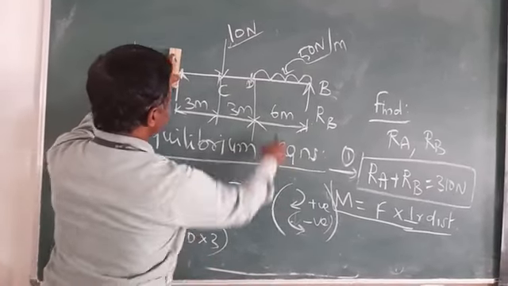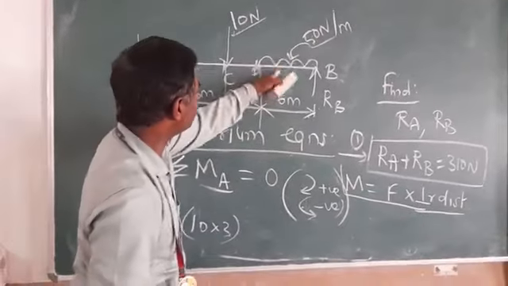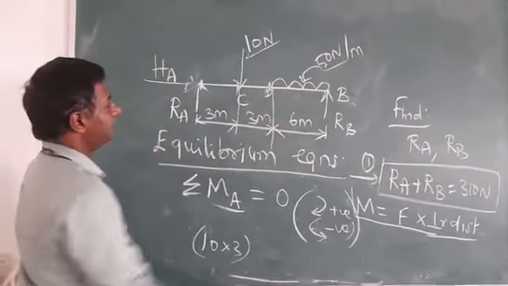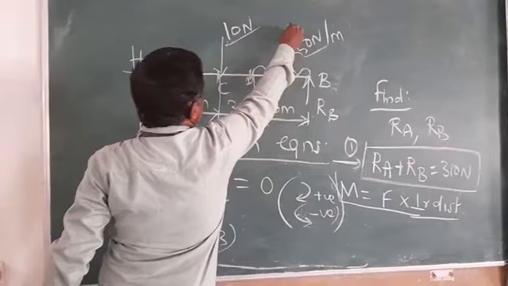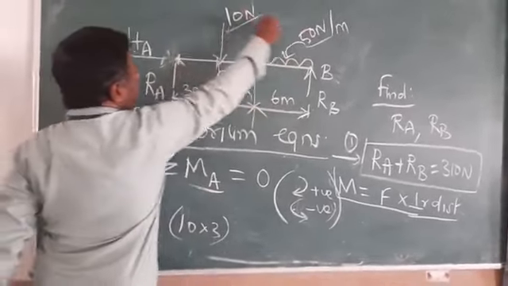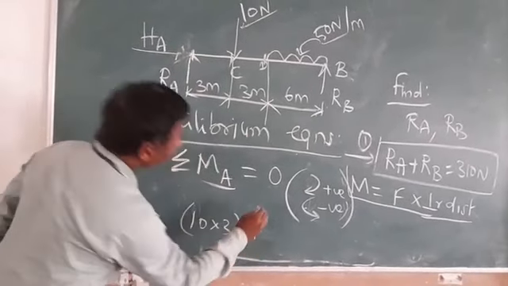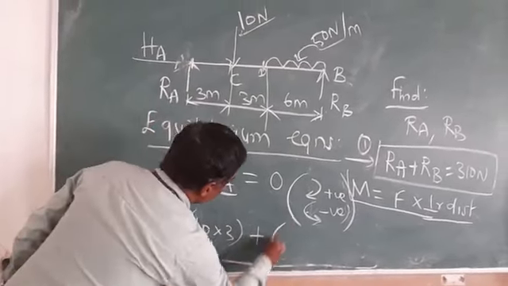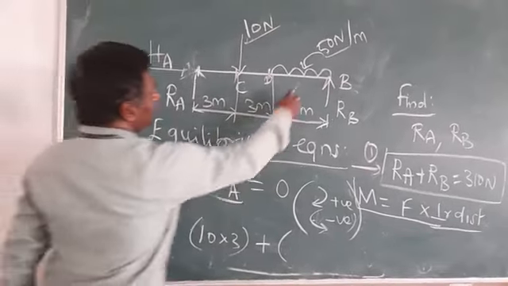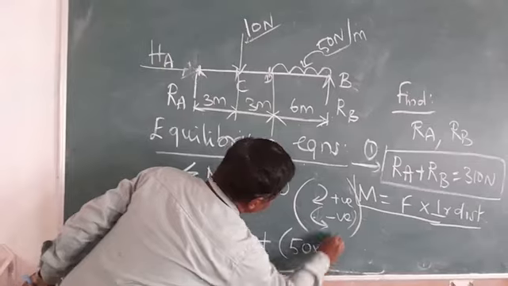Next one is this UDL. First convert it into a load. It is a downward load, and it travels to the point A in the clockwise direction, so it is also taken as a positive value. What is the force? 50 into 6 is the force.